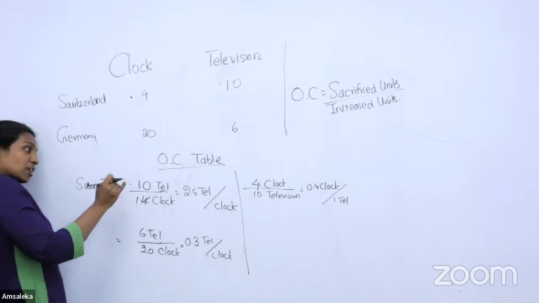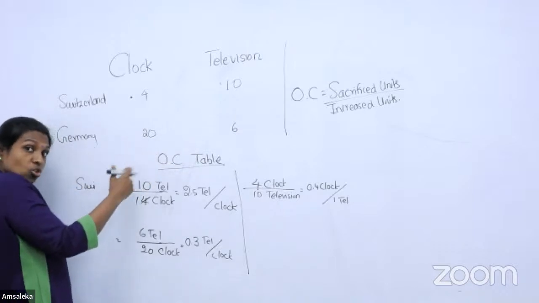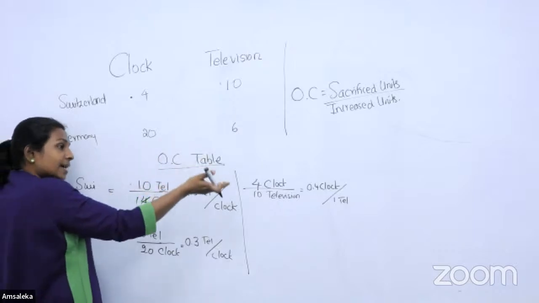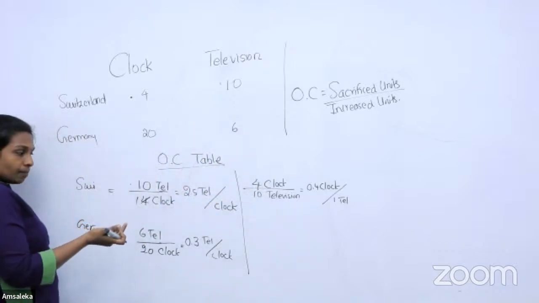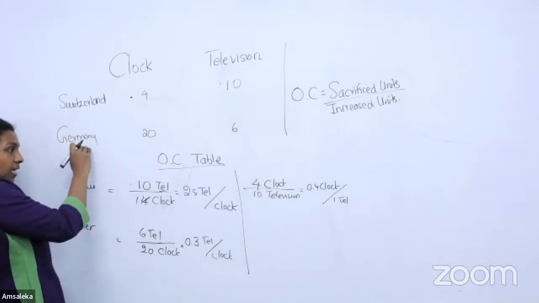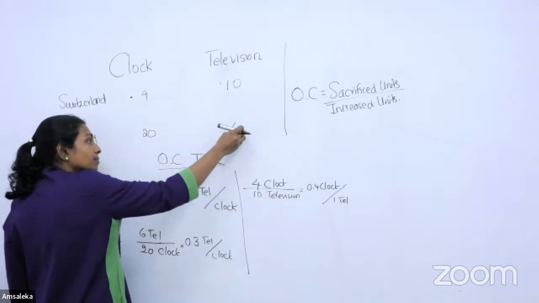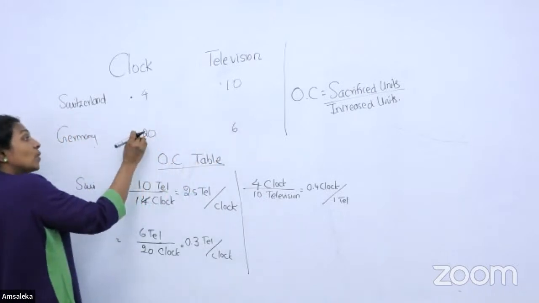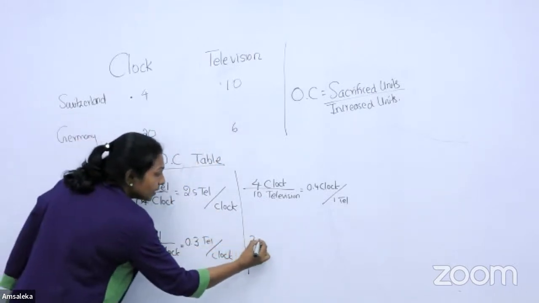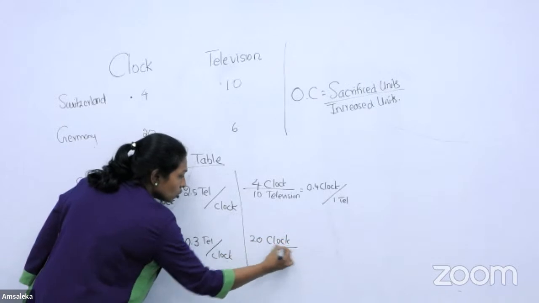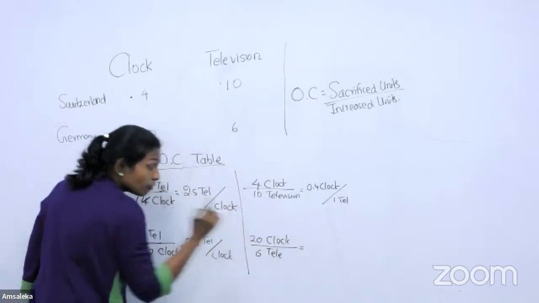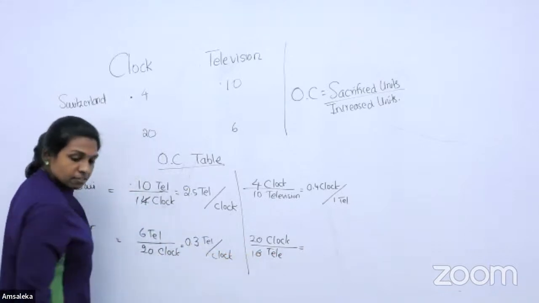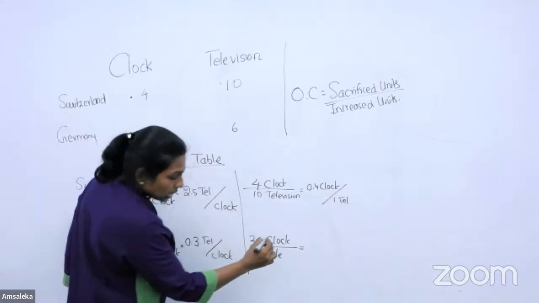The country is producing this or that. If this is produced, that is sacrificed; if that is produced, this is sacrificed. Likewise, Germany: 6 television produced means 20 clock lost. So to produce 1 television, 3.6 clock is lost.